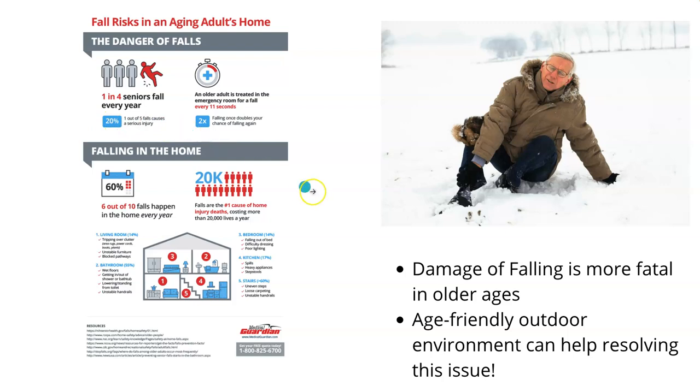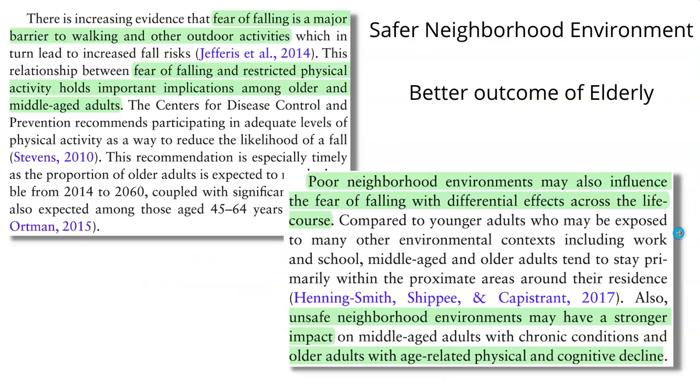But for the older generation, we can see that 1 out of 4 falls every year, and falling down would be very serious. Even within the home, falling down and this type of injury will be very serious for the older generation.